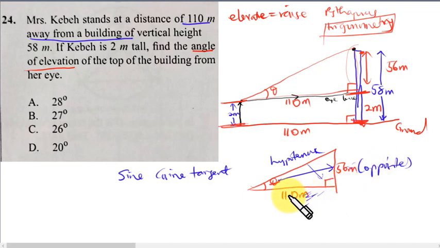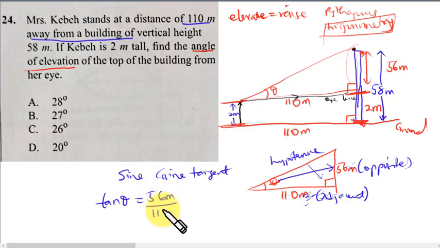And this side is adjacent to this angle, so we call this the adjacent side to the angle. Because we know the opposite side and the adjacent side, we use tangent to find the angle. So we say tan theta is equal to the opposite side, which is 56 meters, over the adjacent side, 110 meters. So we simply say 56 on 110, because of course the units will cancel.